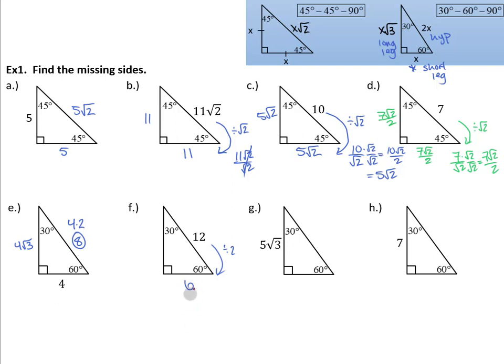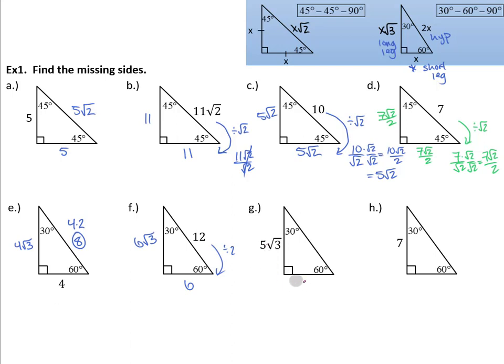We now have the short leg, which is the key. So to find the longer leg, it's the short one, 6, times the square root of 3. Okay, G, you might do sight recognition and recognize that this is a number times the square root of 3, which follows kind of our long leg pattern. And that's fine.